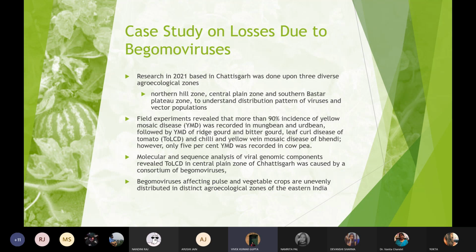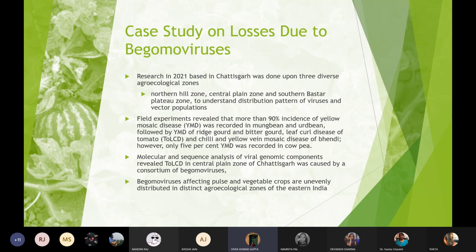Now, field experiments indicated that more than 90% incidence of yellow mosaic disease was recorded in mung bean and urd bean, followed by YMD of ridge gourd and bitter gourd, leaf curl disease of tomato and chili, and yellow vein mosaic disease of bhindi. However, only 5% of yellow mosaic disease was recorded in cowpeas.